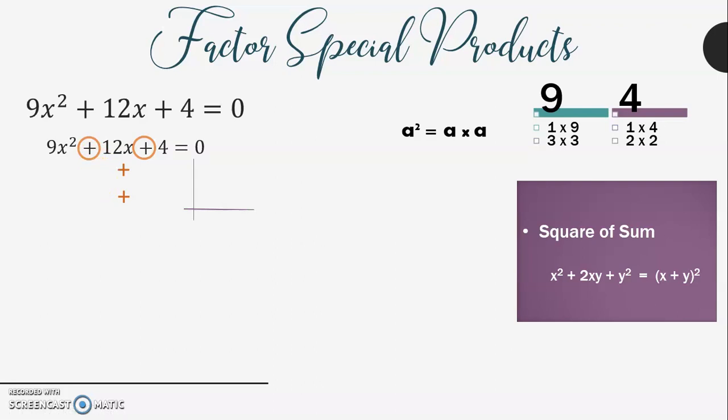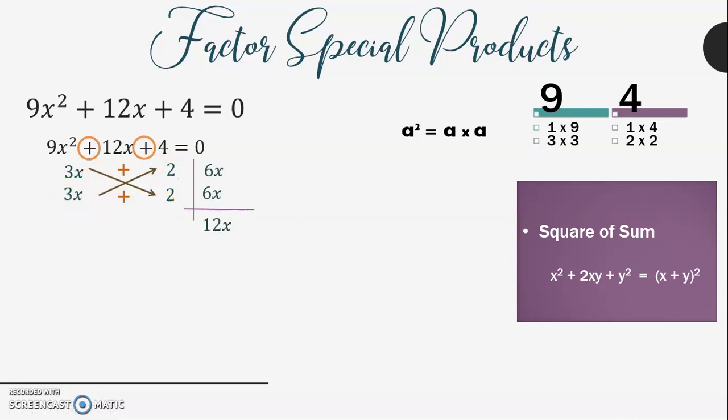Now, for my 9, I'm going to use a 3 and a 3. And for my number 4, I'm going to use the 2 and the 2. This way, I'm going to multiply my 3x times my 2, my 3x times my 2, and also my other 3x times my 2.